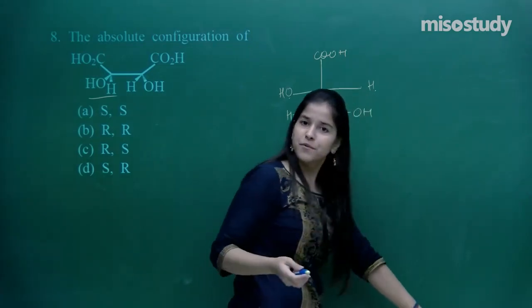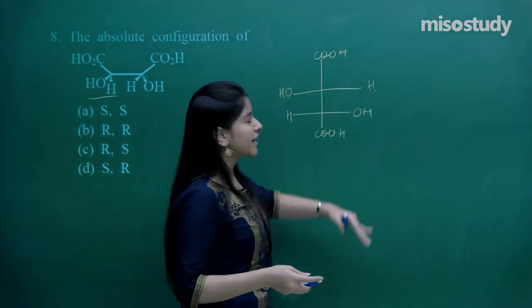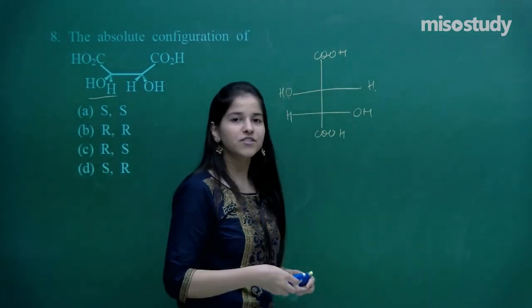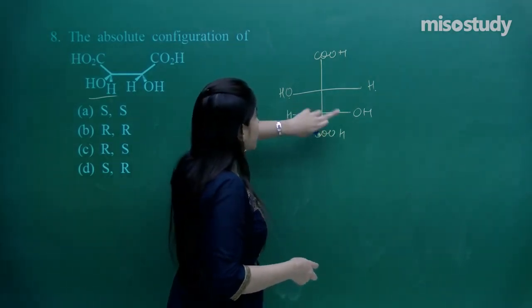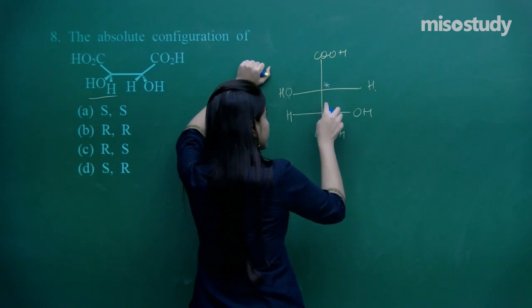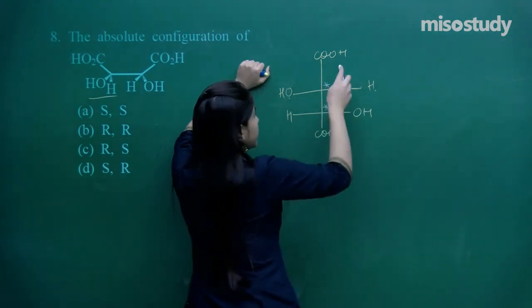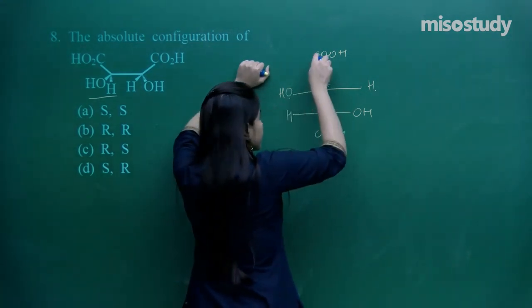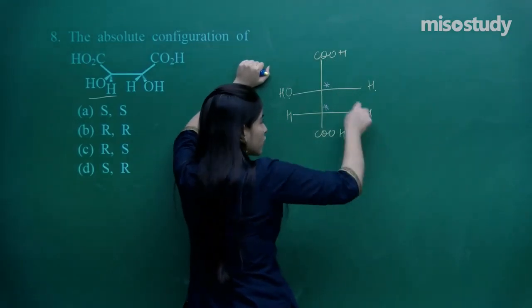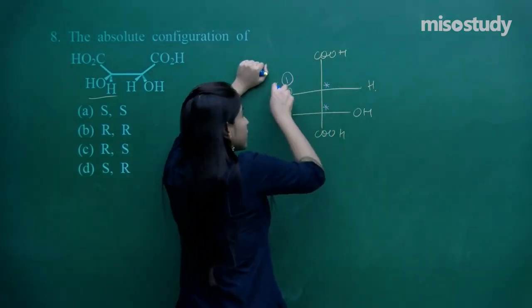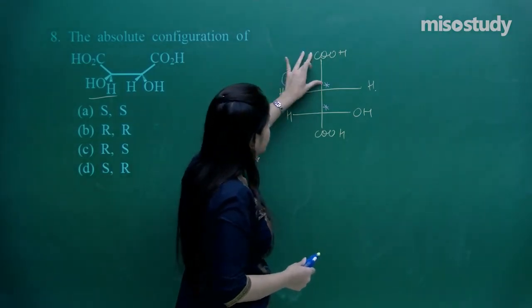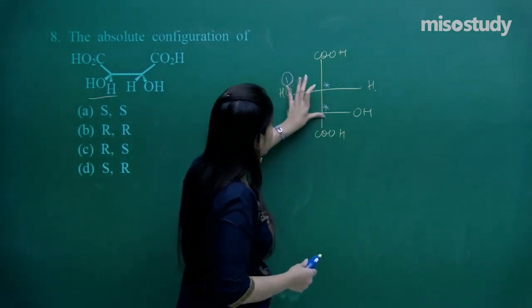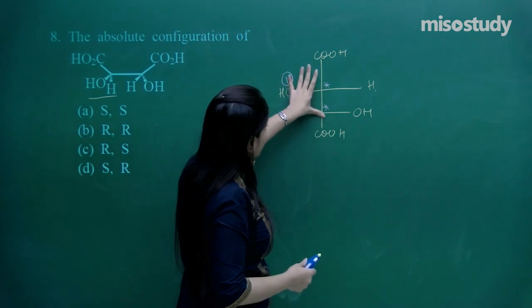Now it's pretty simple. You need to again assign the configuration. So these are the two chiral carbons over here. O compared with C compared with this whole group. First priority will be given to O. So this carbon, and now moving on to this very carbon. Then what do I have?